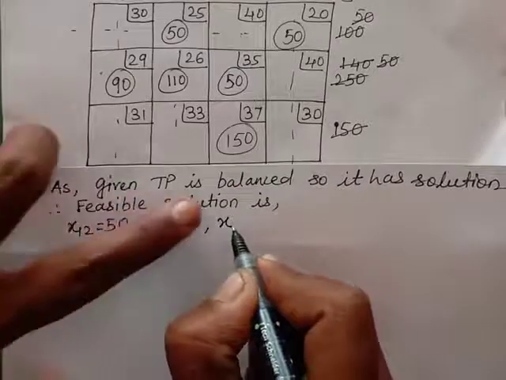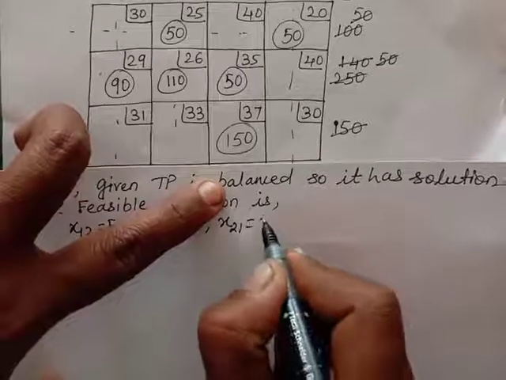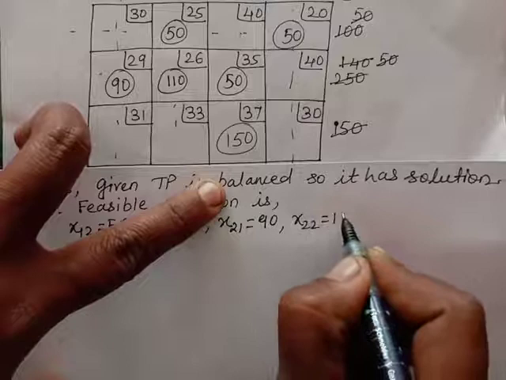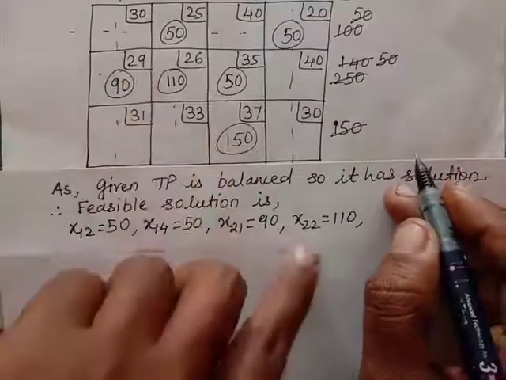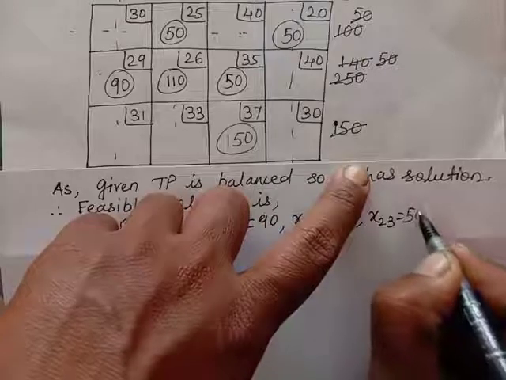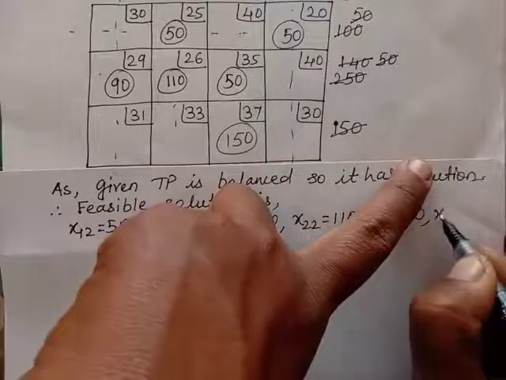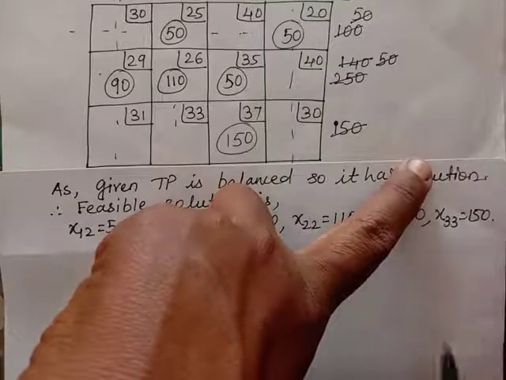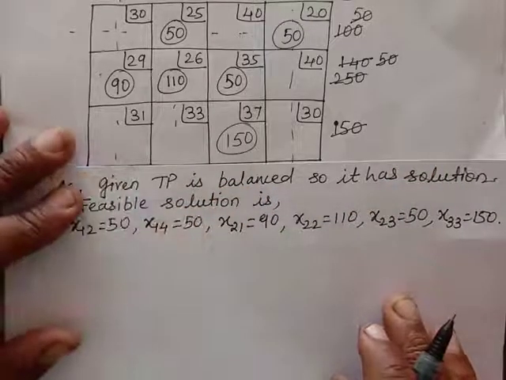Then x21 is how much? 90. Then x22 is 110. x23 is how much? 50. And x33 is how much? 150. This one we should write.